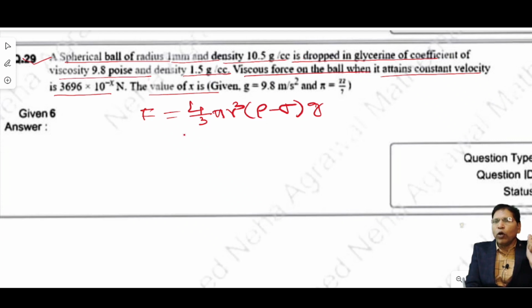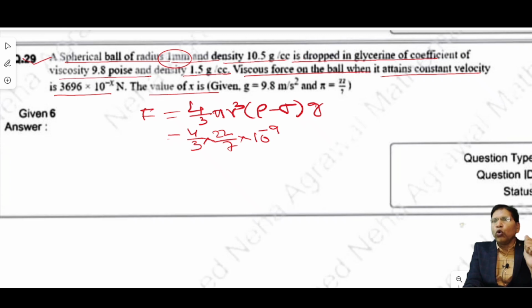Now look at this. This is 4 by 3 into pi, which is 22 by 7, into r cube. Radius is 1 millimeter, so 10 to the power minus 3 whole cube, which is 10 to the power minus 9.